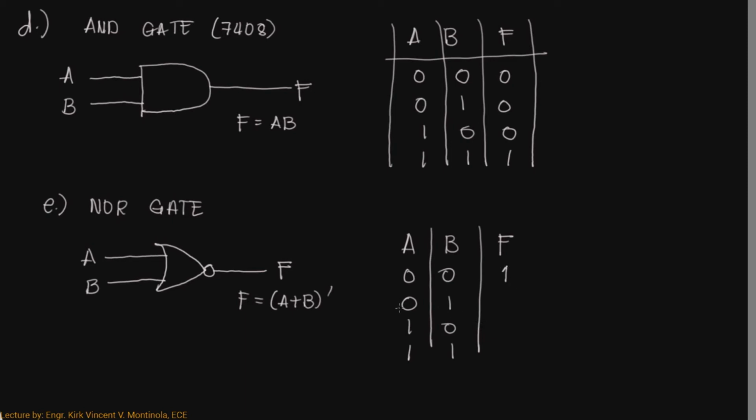Then 0 plus 1, that is 1, complement equals 0. And then 1 plus 0, that is 1, then invert, you get 0. Then 1 plus 1 is equal to 1, then complement, it becomes 0. So that is F, or the output of its function.